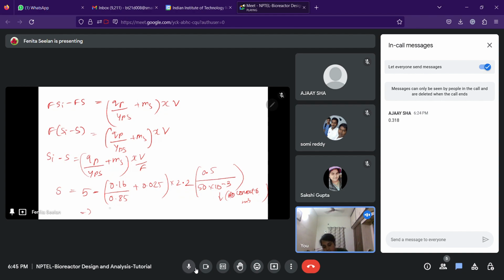It's around 0.308 something, right? Approximately 0.3 kilogram per meter cube.